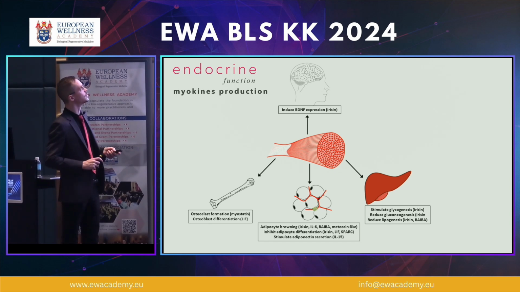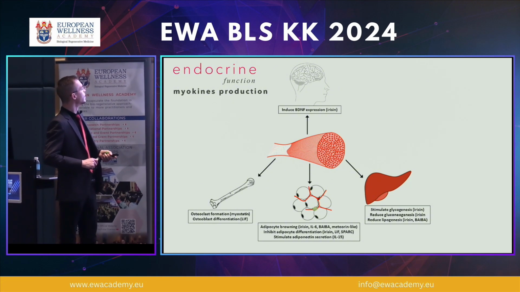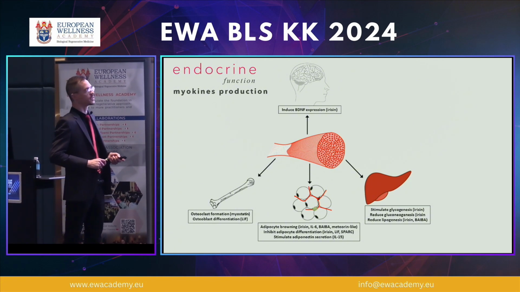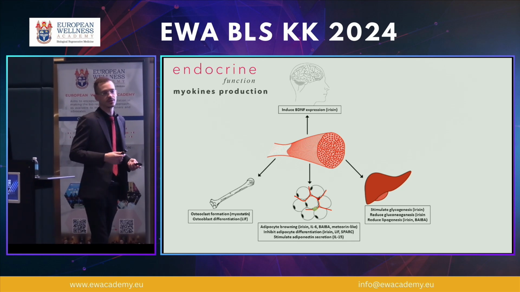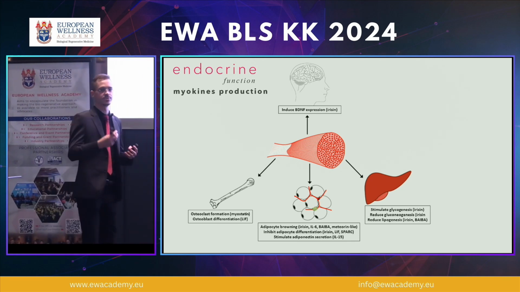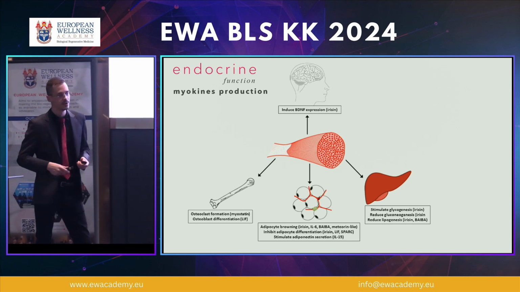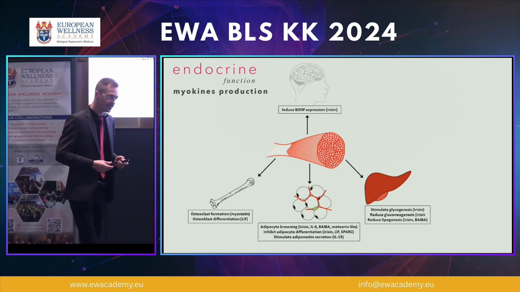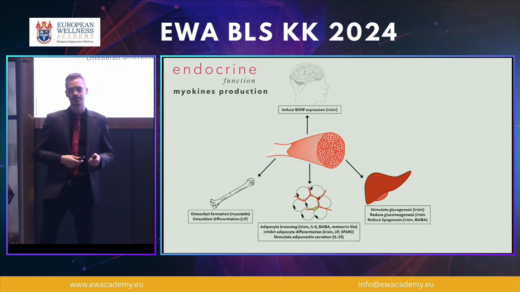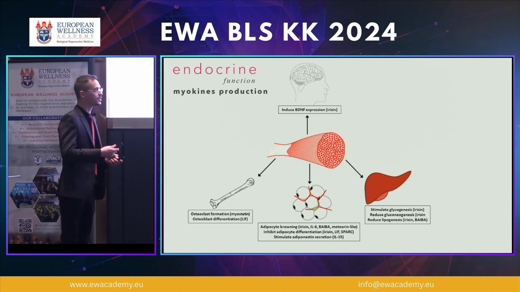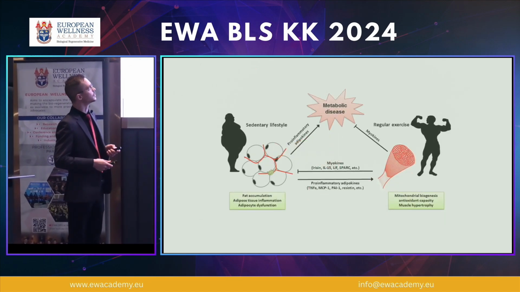We will touch on that a little bit later, but one of those processes is osteoclast formation. And osteoclasts are the cells that perform resorption of the bone. So our bone health is also directly dependent on the healthy and normal functioning of our muscle tissue.